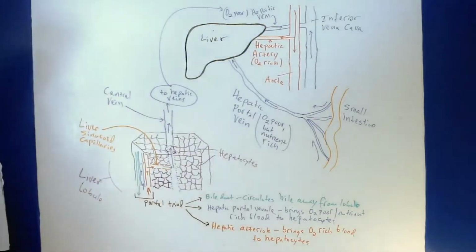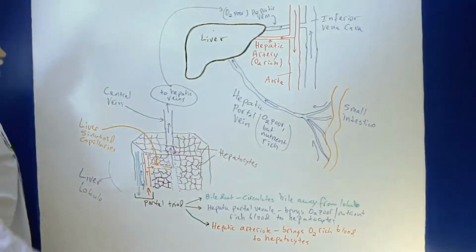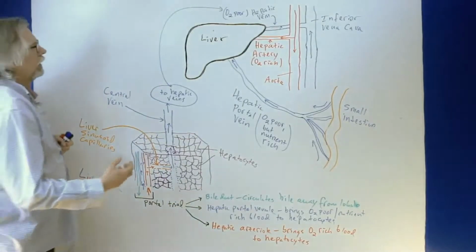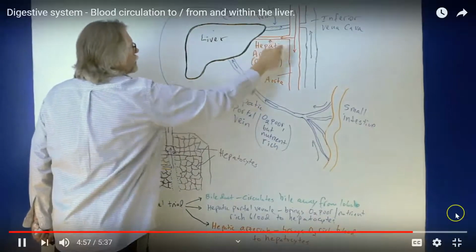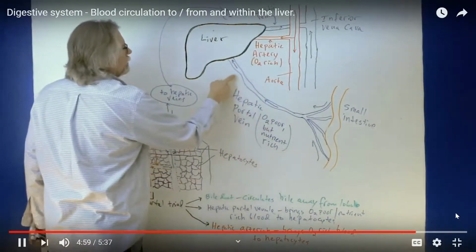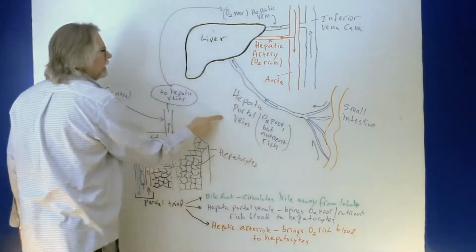Okay, so again, the circulation: two vessels bringing blood in, one oxygen-rich hepatic artery, one nutrient-rich hepatic portal vein.